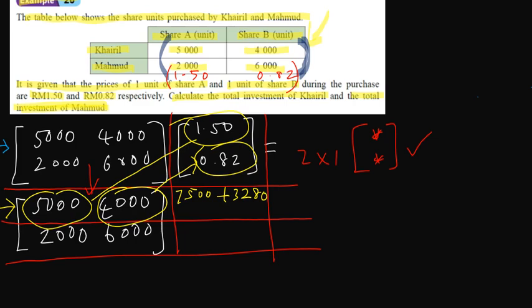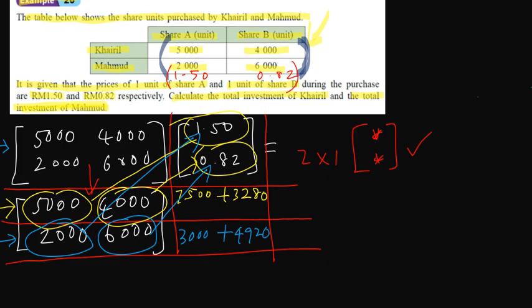Yeah, and then for the second row, 2,000 times 150, you'll get 3,000, and then you plus 6,000 times 82, you'll get 4,920.